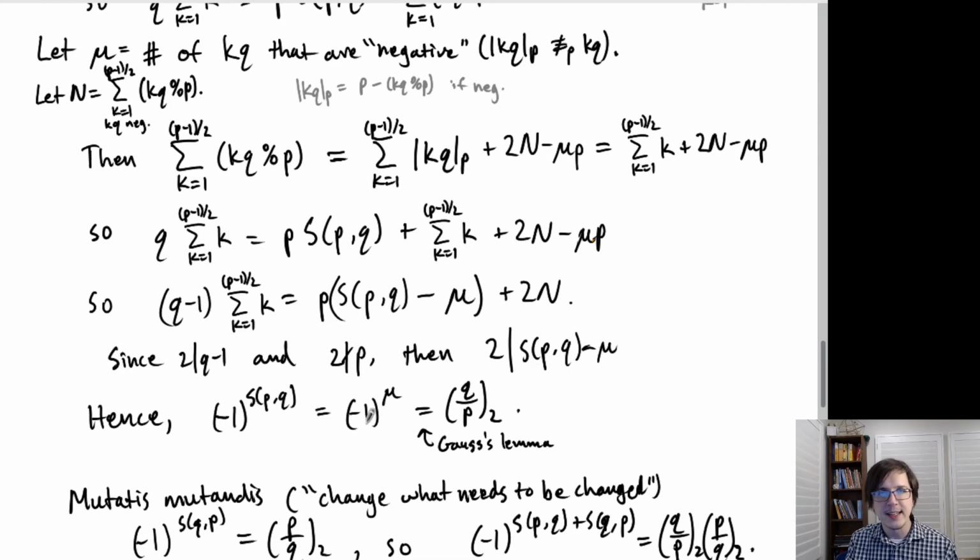So all that work to get that. And that's really good because we know what minus 1 to the mu is. By Gauss's lemma, it is the Legendre symbol (q/p).